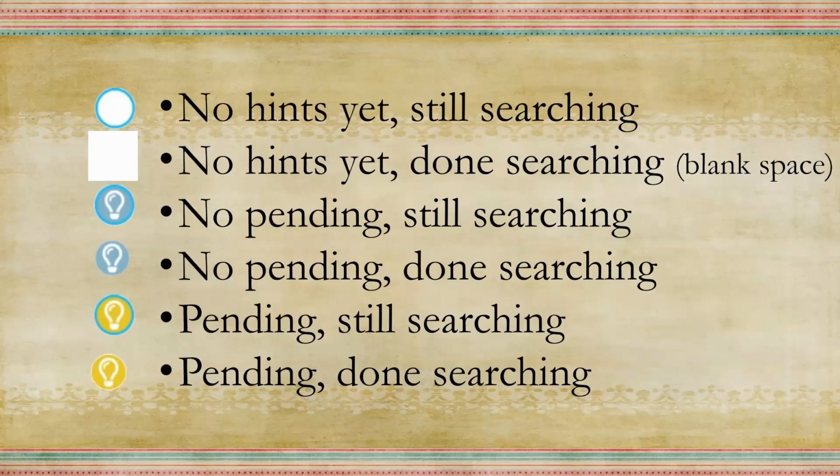The yellow light bulb with the blue circle around it means that I have new pending hints that RootsMagic has found, but it is still continuing to search for other hints. And then the yellow with no blue circle means that I have hints that are waiting for me to go in and review, but that RootsMagic has completed its searching.